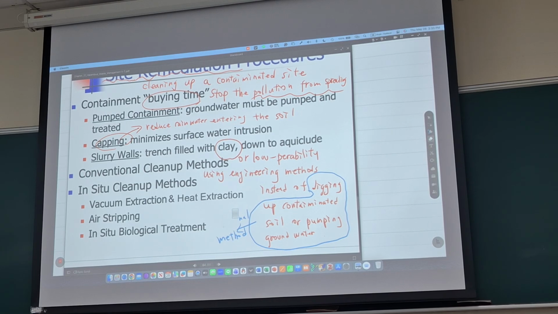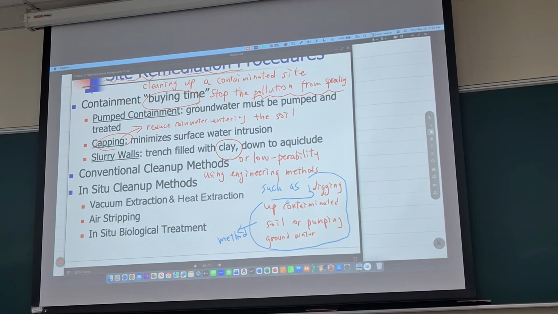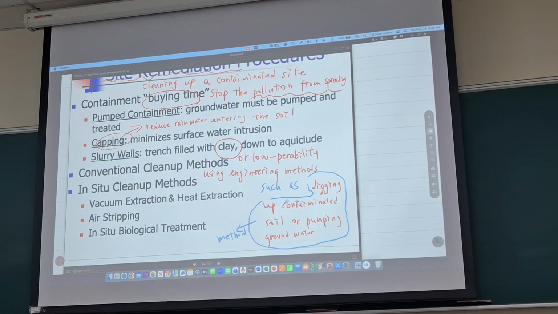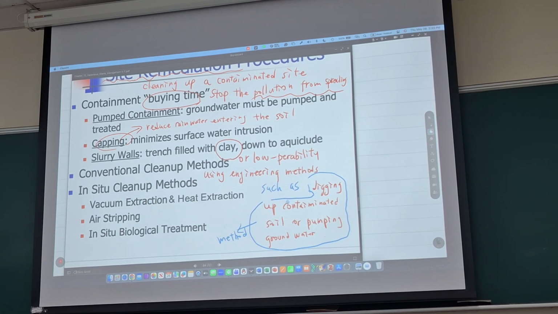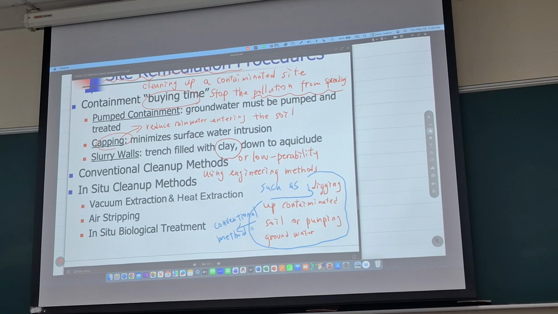Sorry, not instead of, such as, I'm sorry. Such as, so we're using some engineered methods, such as digging up the contaminated soil or pumping up the groundwater. So we call these conventional methods.